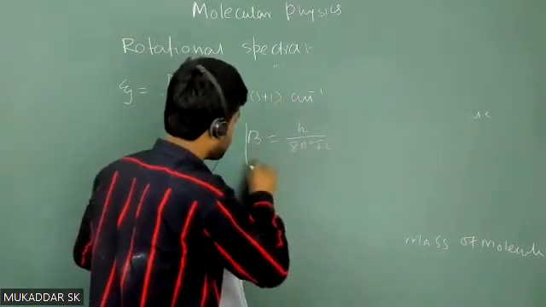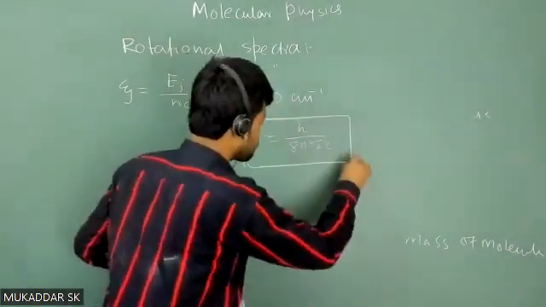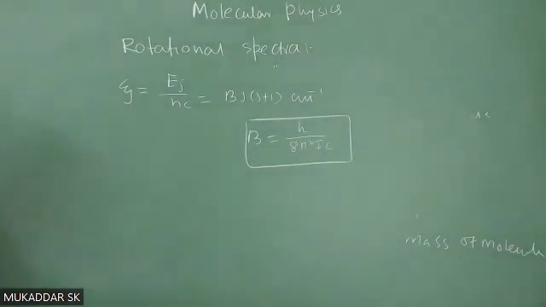ये सबसे ज्यादा important है आपका rotational spectrum का, कि how B is varied with bond length and reduced mass. Na? So B is nothing but h by 8 pi square I c.